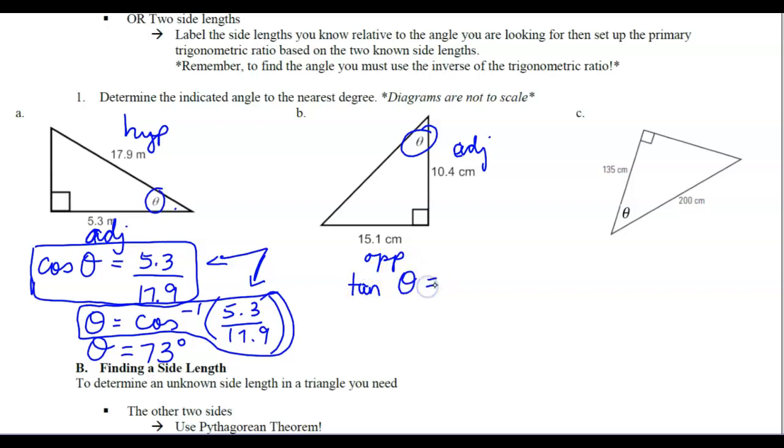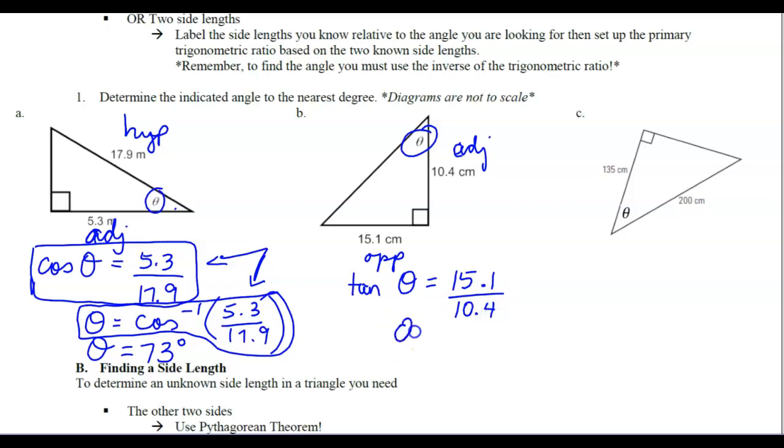Theta is a Greek symbol, and it's often used for angles. That's why you can see it there. It's kind of a zero with a swoop through it. And tan theta in this case is opposite over adjacent.